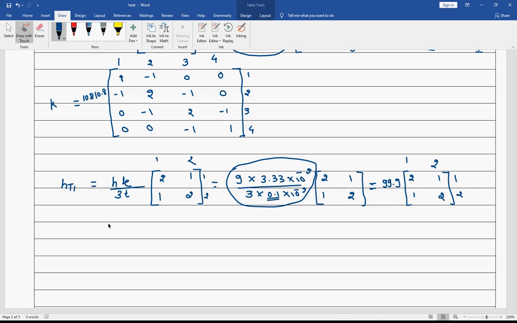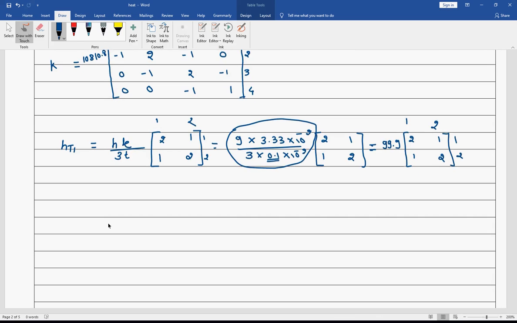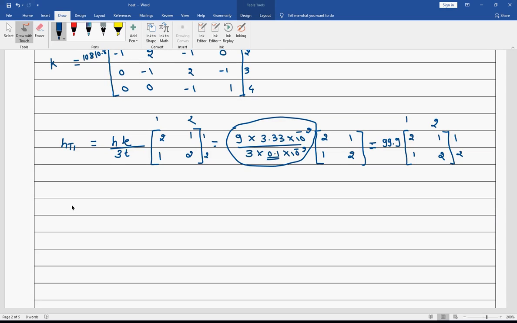Now my global stiffness matrix due to convective load will be 4 by 4. First of all, I write down this 99.9.